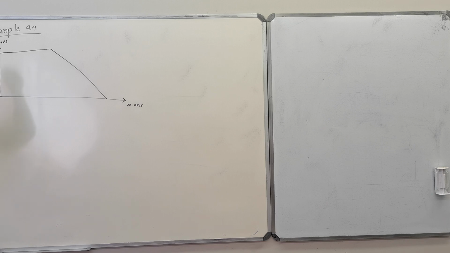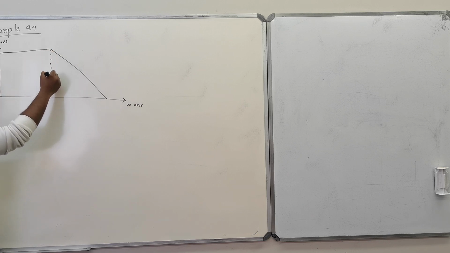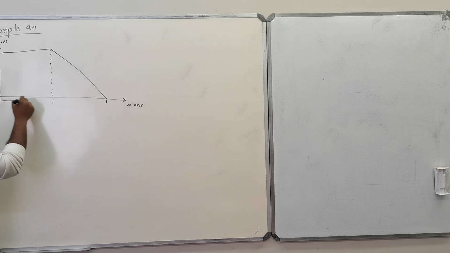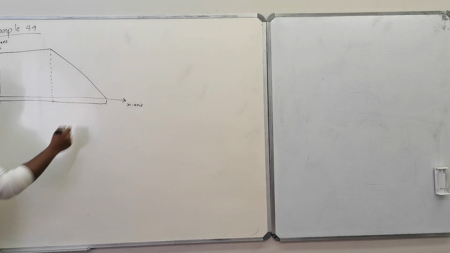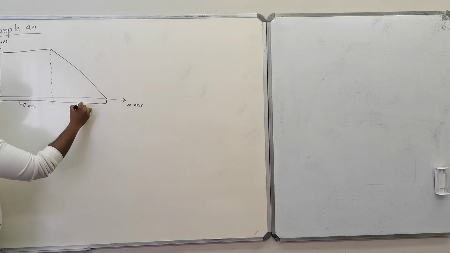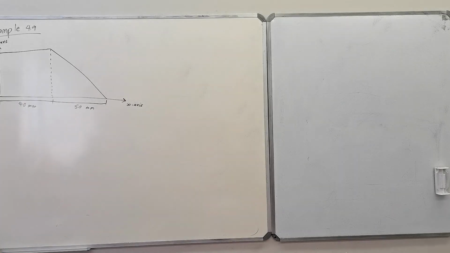The information that they tell you is that this is 30 millimeters. Calculate the coordinates of the centroid of the lamina in figure 4.53. That's the information they gave you.